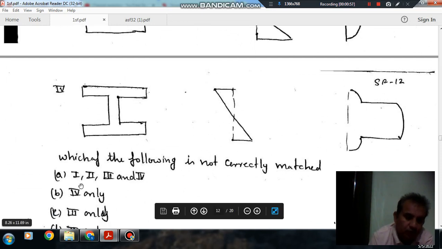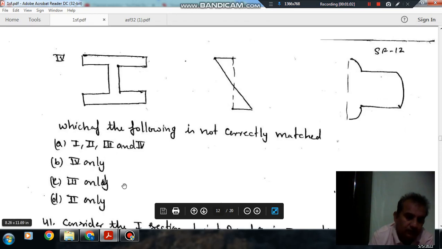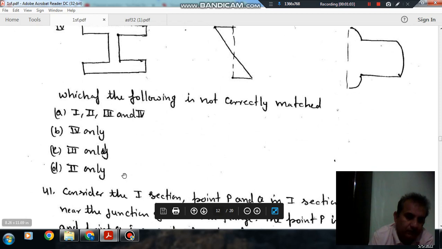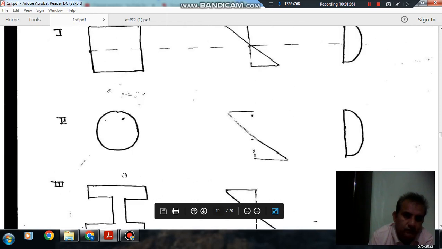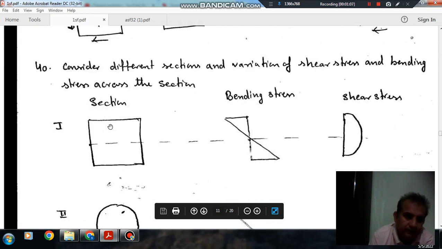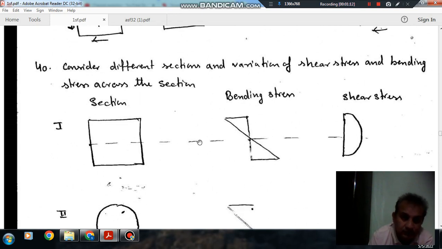Option A: 1, 2, 3 and 4. Option B: 4 only. Option C: 3 only. Option D: 2 only. So here, this is a rectangular section, the bending stress variation is linear and the shear stress variation is parabolic.